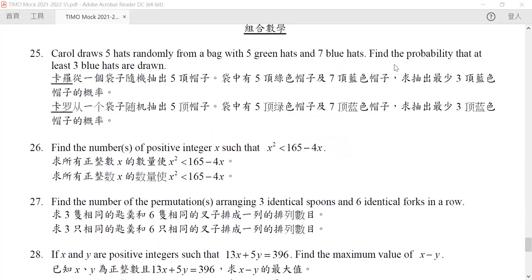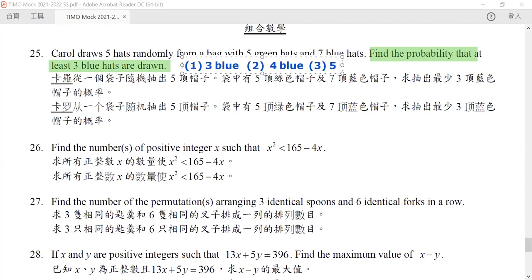What is the probability that you draw at least 3 blue? What do we mean by at least 3? It means that either you draw 3 blue, or you draw 4, or you draw 5. So you need to calculate the probability of each of them separately.